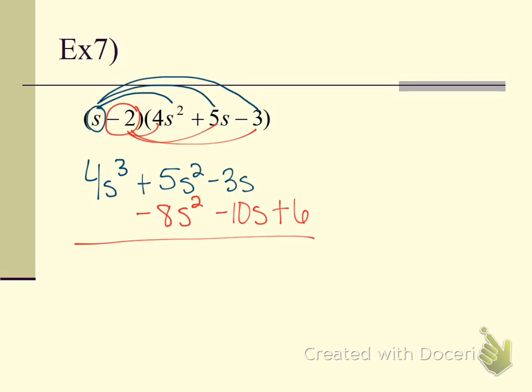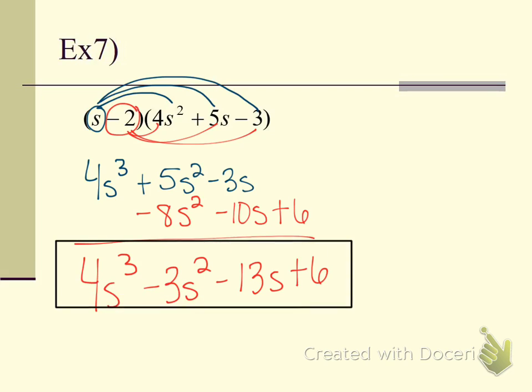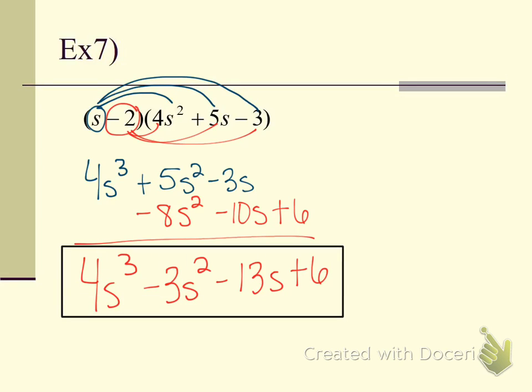So 4S cubed. Then what? Minus 3S squared. Minus 13S. Plus 6. So really the process isn't any different. We just have a little more to do as far as terms go and then combining our terms.